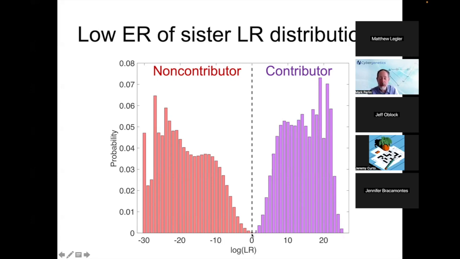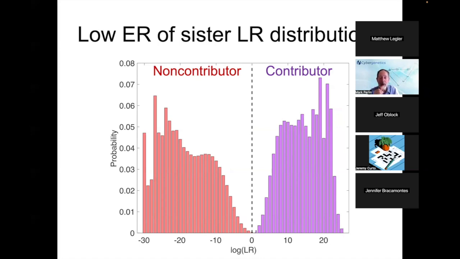And so whatever statements we made about the 100 match statistics, I mean, here we're looking at a trillion match statistics, essentially, but in the paper talking about 100 match statistics, because the non-contributor distribution basically goes to zero vertically as you hit zero log LR horizontally, the error rate's so low that you can believe the contributor results. You don't need to know that there actually was a hit. You just need to know that the error rate from the non-contributor distribution is low. You're not misclassifying it. And symmetrically, it works in the dual way.